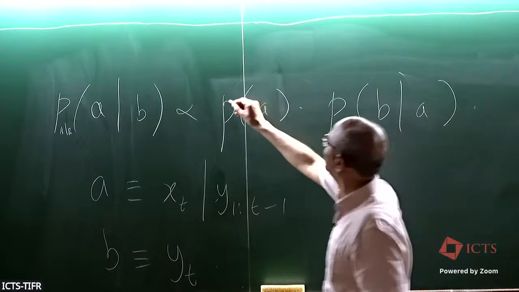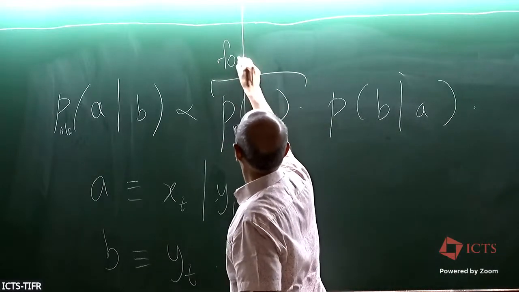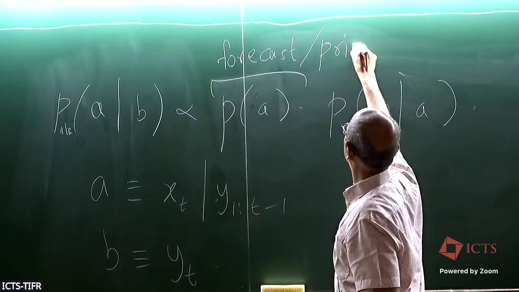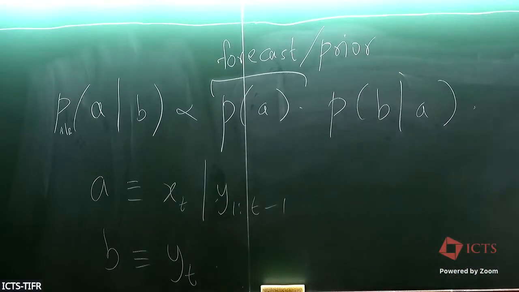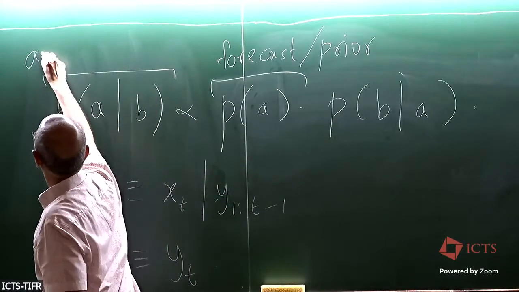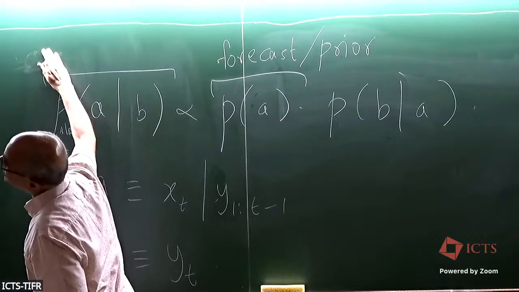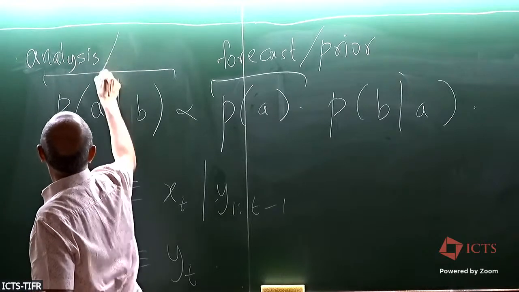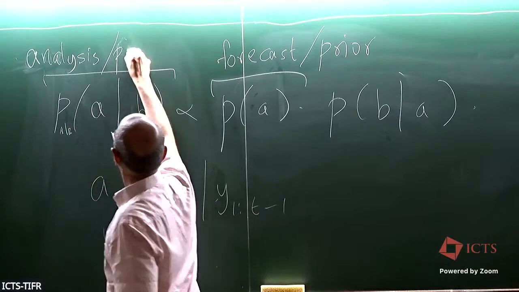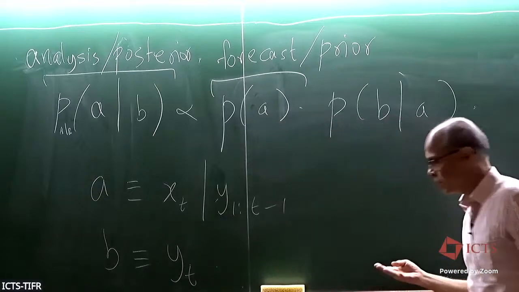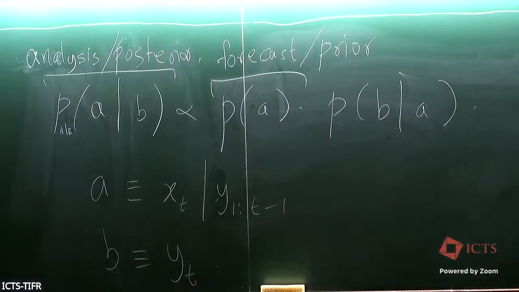The forecast is what is called the prior in Bayesian terminology, and this will be the analysis, or the posterior, again in the Bayesian terminology. So this is just the use of Bayes theorem. Question, please.